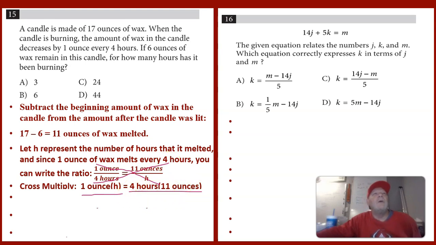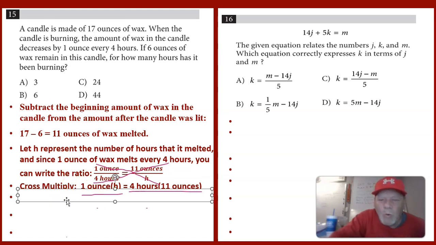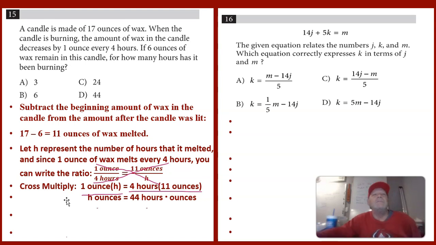And now I'm just going to solve that for hours after I simplify it. So when we simplify it, you have H ounces.